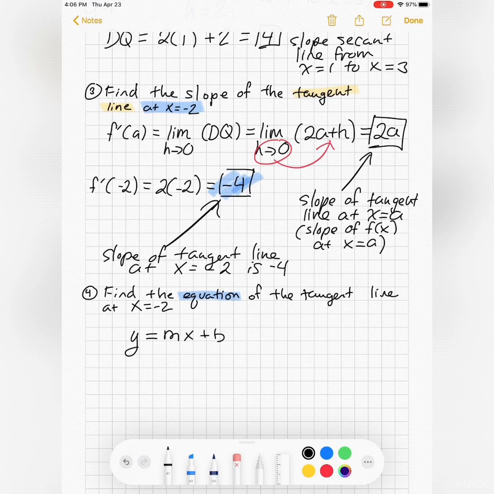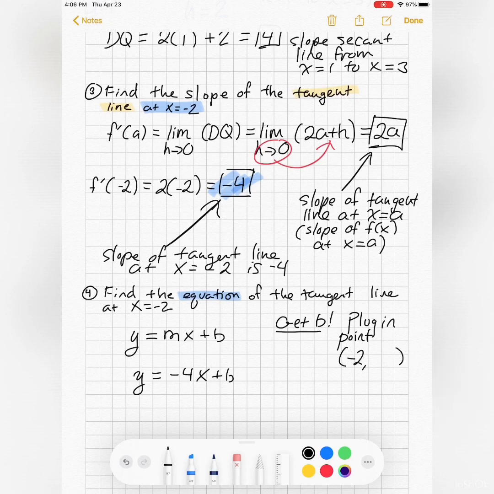There's the equation of a line in slope-intercept form. I've already found my slope. All I have to do is get the b. In order to get the b, I have to plug in the point of interest.